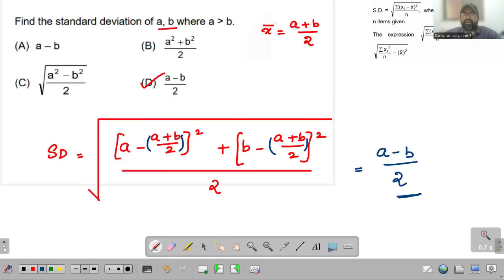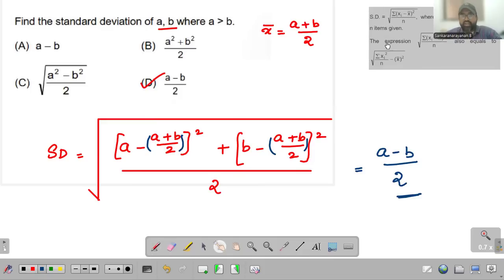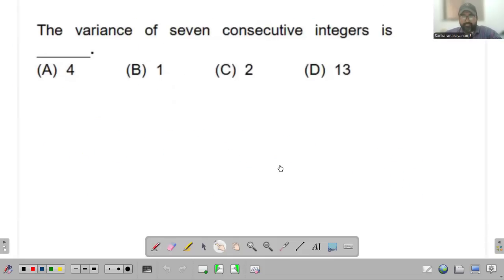Now let us consider the next question. So here we go. You are asked to find the variance of 7 consecutive integers. So I'm taking the consecutive integers as 1, 2, 3, 4, 5, 6, 7.